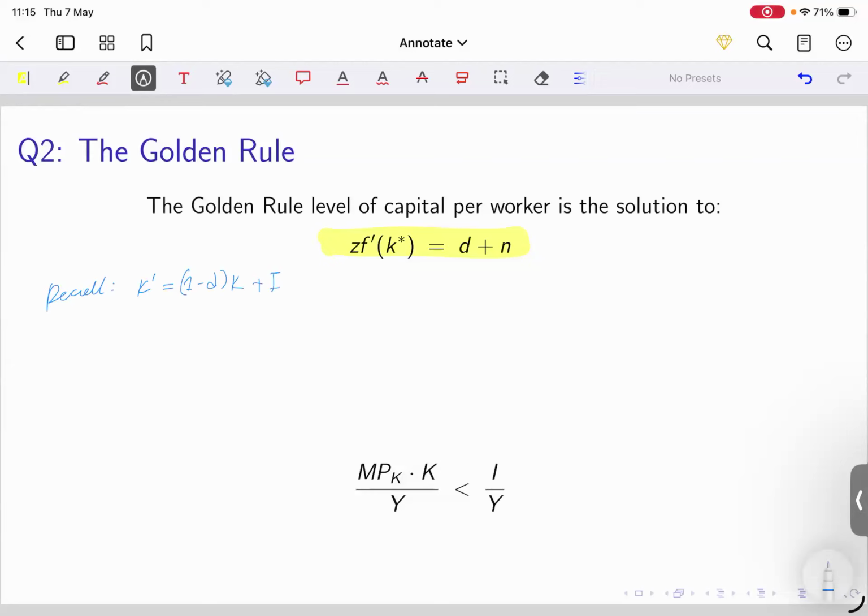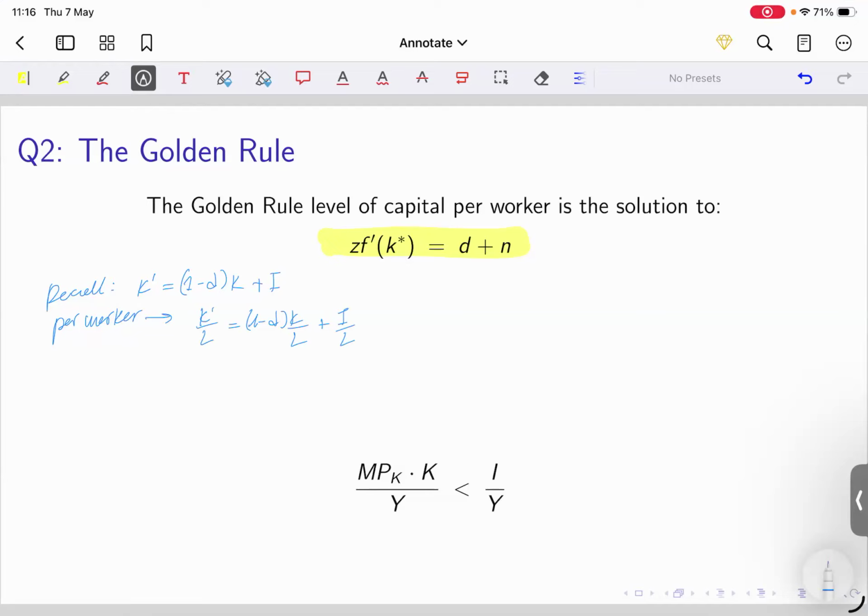This is your investment. In this question, we are looking at variables per worker, so I'm going to divide everything by the population, L. This is K prime over L equal to (1 minus D) K over L plus I over L.